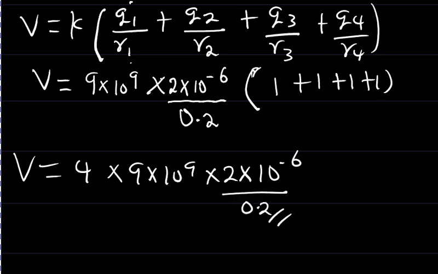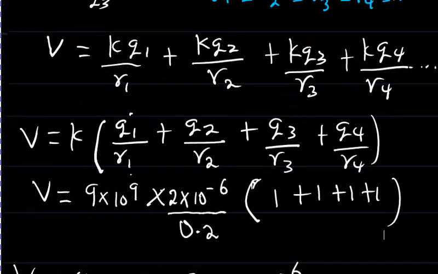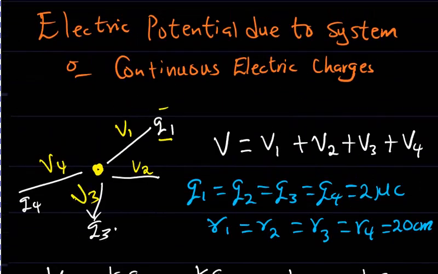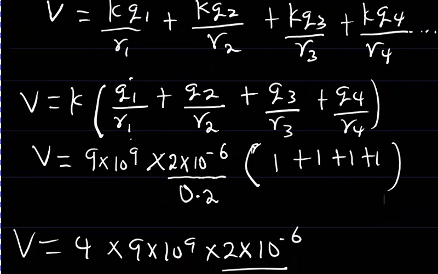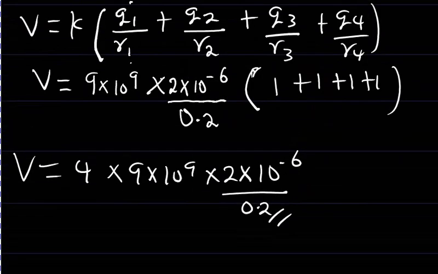This is just a simple trick, just in case the charges and the distance are the same, so you don't need to go through all the process. All you need to do is calculate for 1 then multiply by 4. But if the distances are different and the charges are different, then definitely you will have to apply this formula right here. So I hope that is well understood.